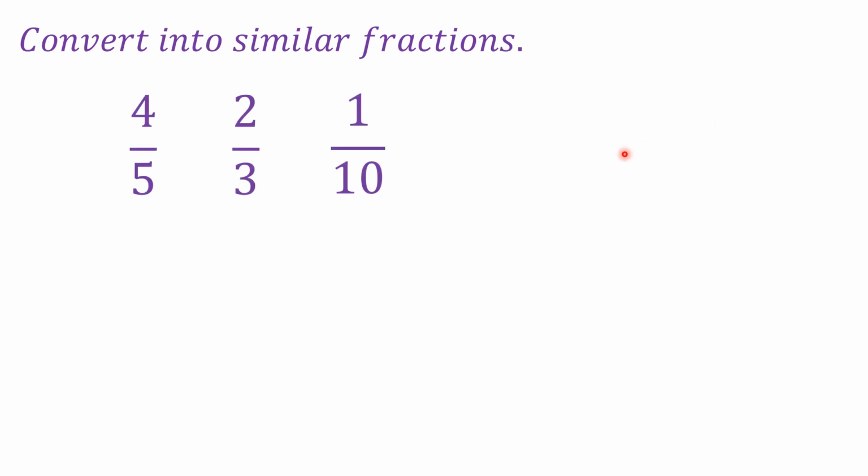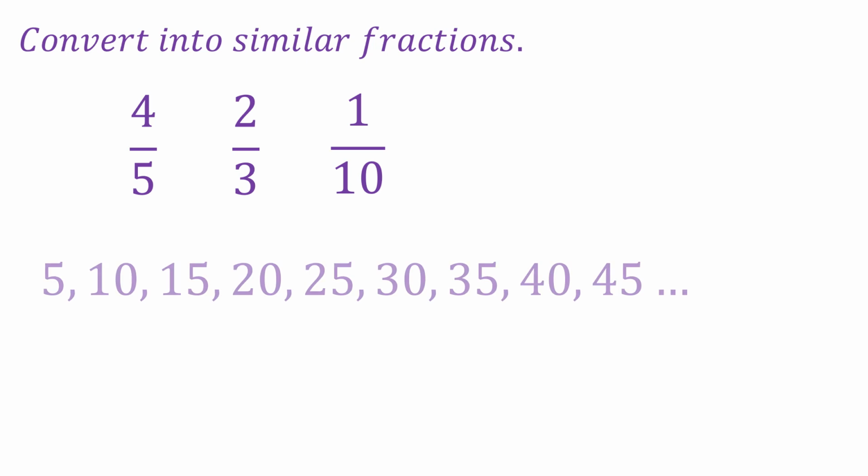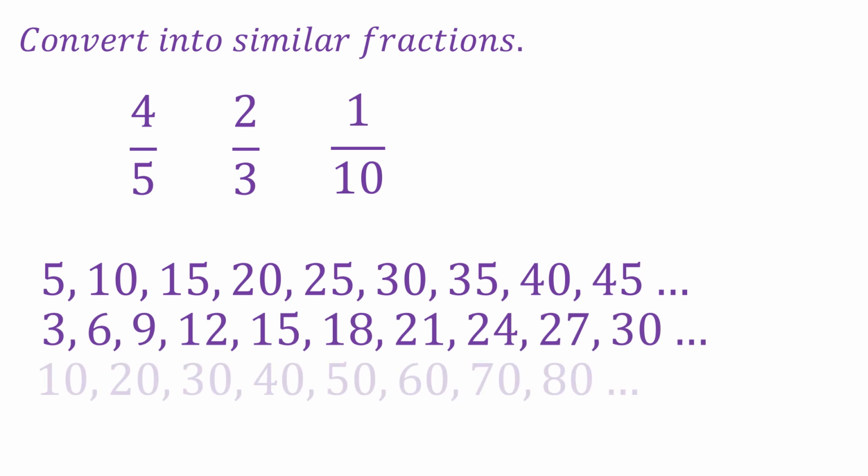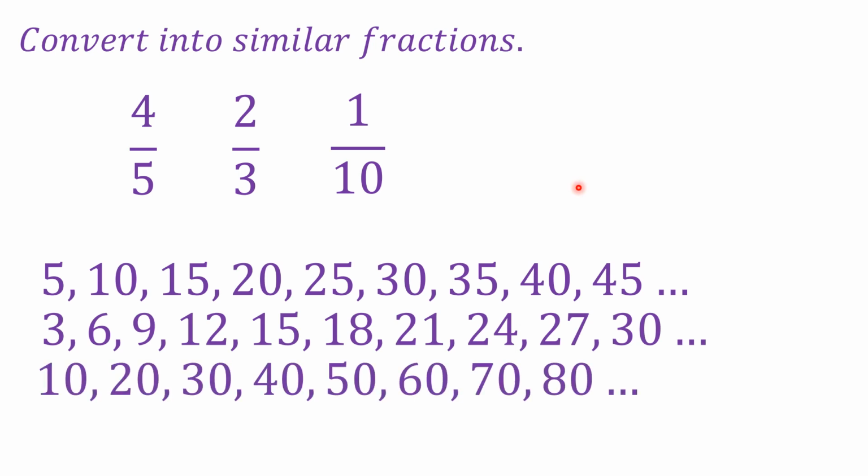How about if there are multiple fractions, like 3 or more fractions? So how do we make them into similar fractions? We're going to get all the multiples of those denominators, like 5 for the 3, and for the 10. And observe that there are common multiples with just a pair, like 5 and 10.